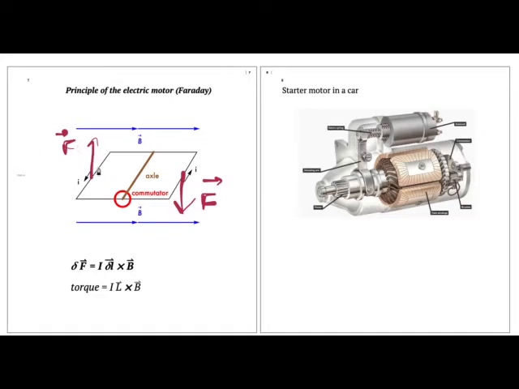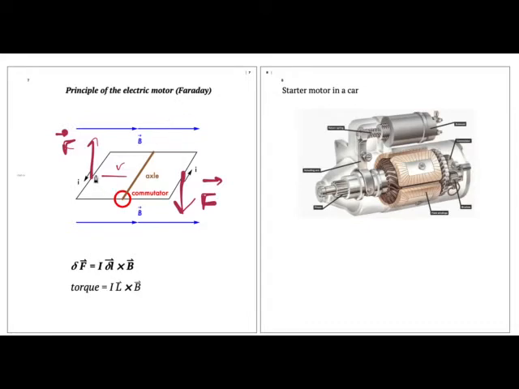So a current carrying loop in a magnetic field does not experience a net force, but it experiences a torque, because this force is at some distance r from the axle, and this force is also at the same distance r from the axle, so there's a torque. And as you know from mechanics, torque produces angular acceleration.